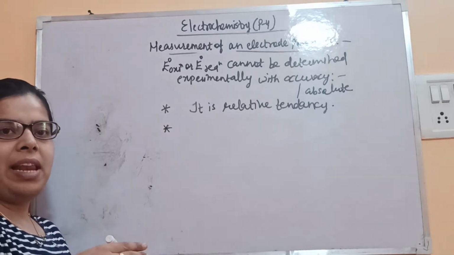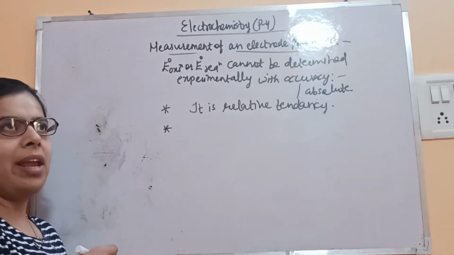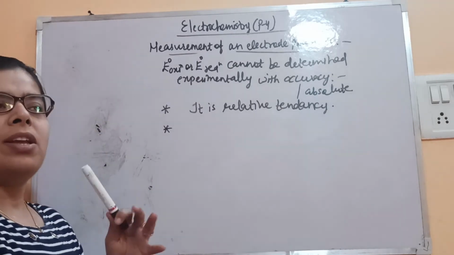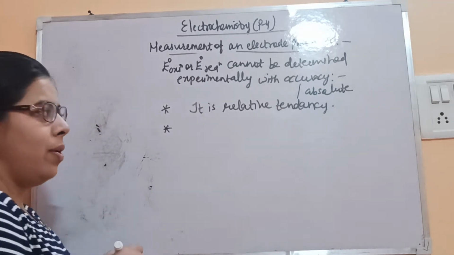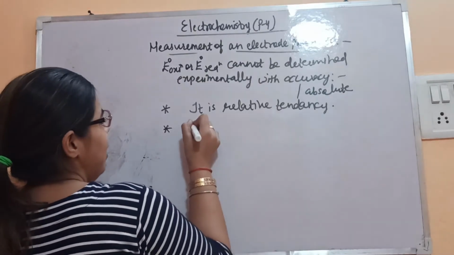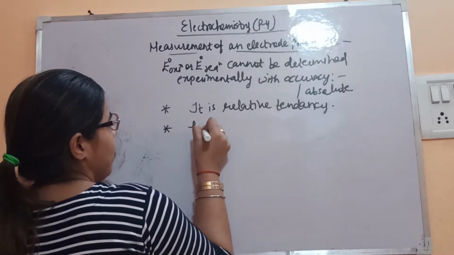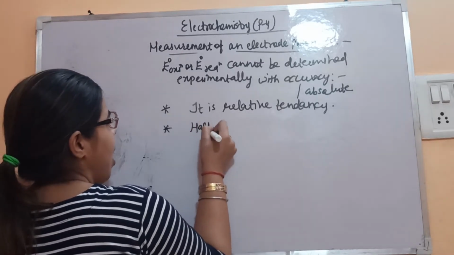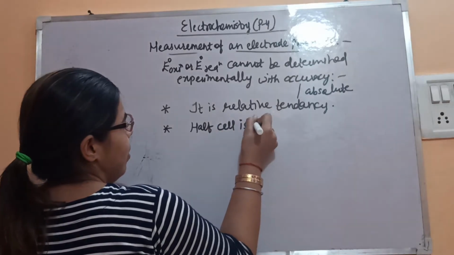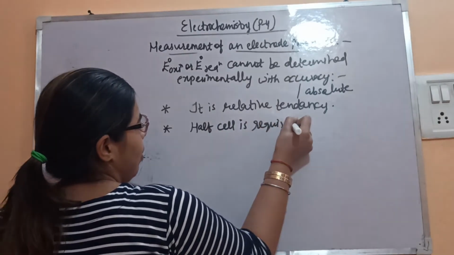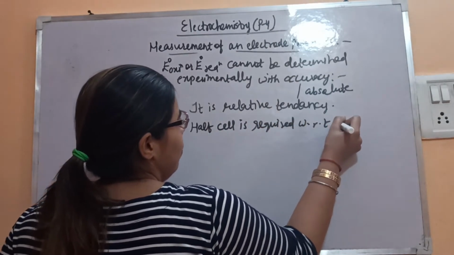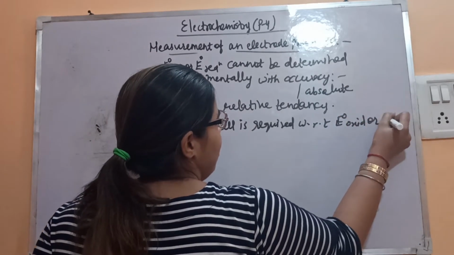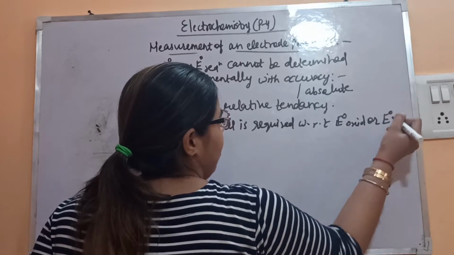And the second is that for the half cell, the value cannot be determined. For either the oxidation half or the reduction half, the value cannot be determined. So another half cell is required with respect to E naught oxidation or E naught reduction.